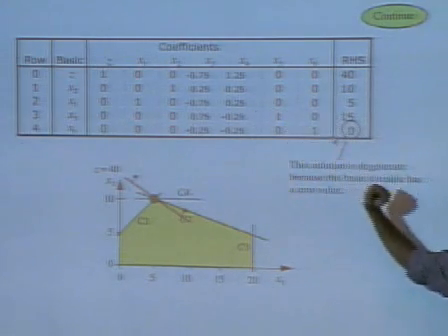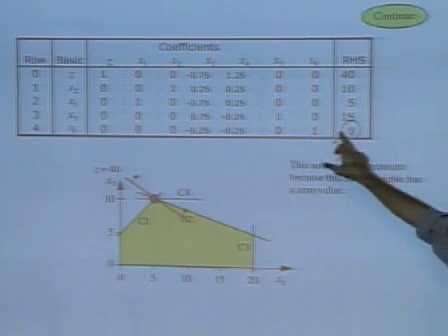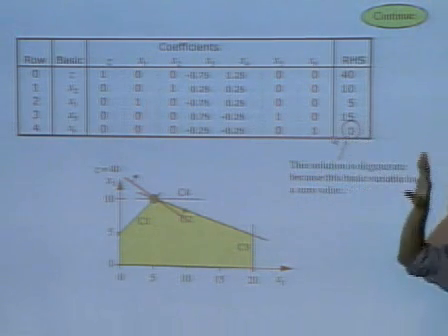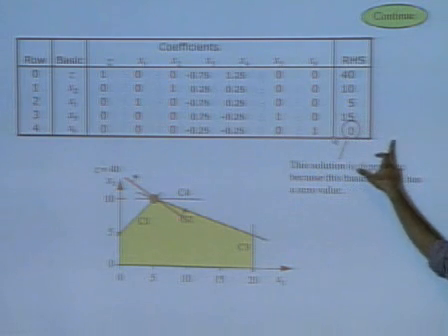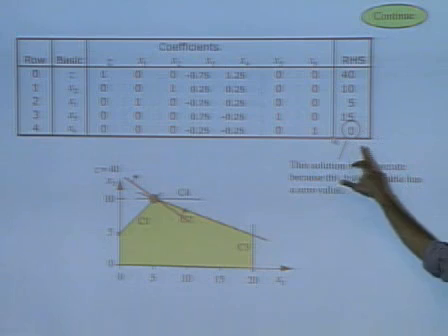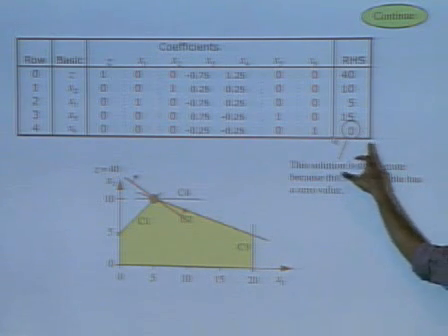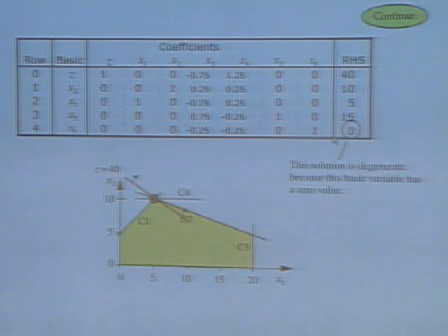So if this row is going to be involved in the minimum ratio test, then the magnitude of improvement in this test is going to be 0 because its right-hand side is 0. So this means that you're going to do one simplex iteration potentially without increasing your objective value at all. Okay? Any questions about this? So this is called a degenerate pivot if you don't make any improvement.